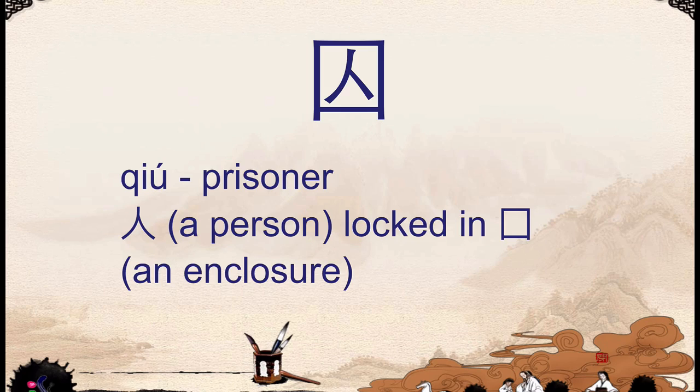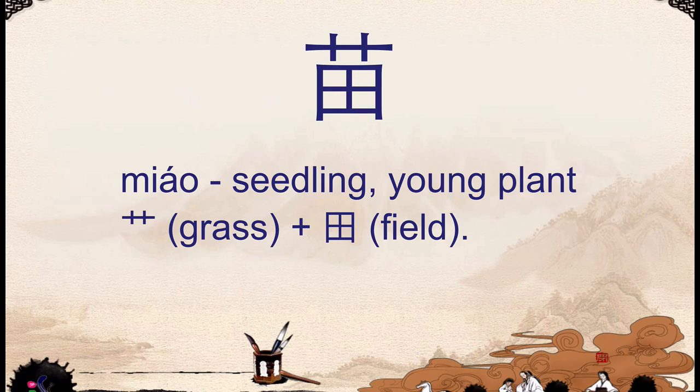This character 囚 means prisoner, and it's literally a representation of a person, 人, inside an enclosure. So a person inside this enclosure refers to a prisoner. 囚. Miao, this means seedling or young plant. And at the top we've got grass, at the bottom we've got 田, which means field.